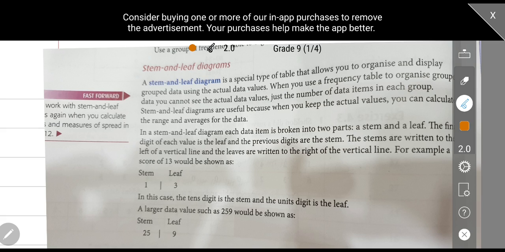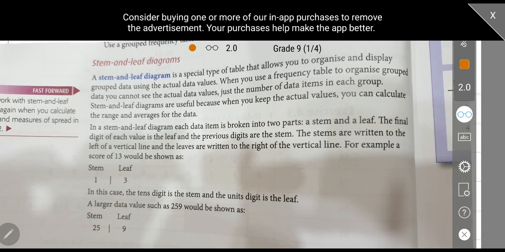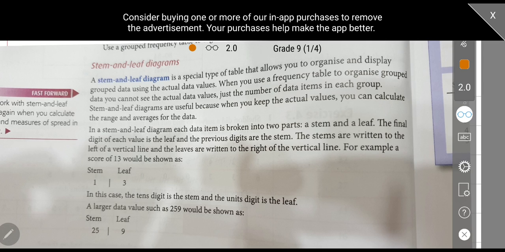In the frequency table, we were just counting how many, let's say in groups of 20 to 30, how many people there were. So we will write 4, 5, 6, whatever. Here in a stem and leaf diagram, we are seeing the actual data. So we are organizing here and we are using the data.